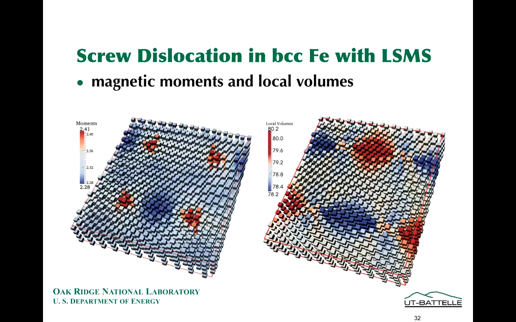And you see that close to these dislocation cores, where the screw dislocations are located, the magnetic moment that is shown in the left picture is significantly enhanced over the bulk equilibrium moment. And on the right, you see that the introduction of these dislocations really distorts the lattice and changes the local volumes of these iron atoms.